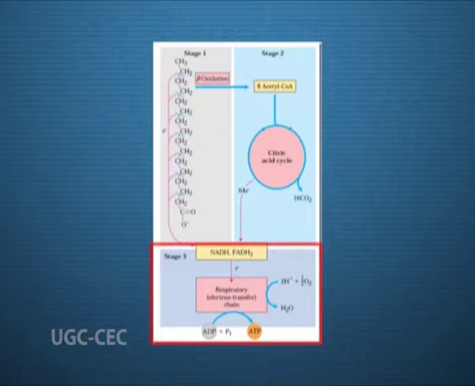In the third stage, the NADH and the FADH2 produced in the first 2 stages donate electrons to the mitochondrial respiratory chain, through which the electrons pass to oxygen with concomitant phosphorylation of ADP to ATP. The energy released by fatty acid oxidation is thus conserved as ATP.